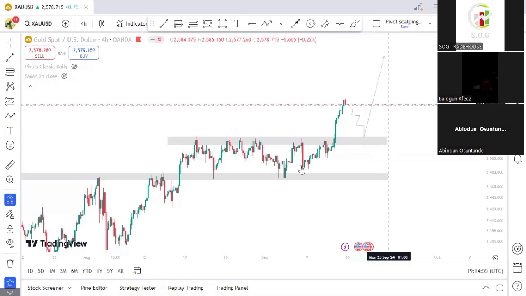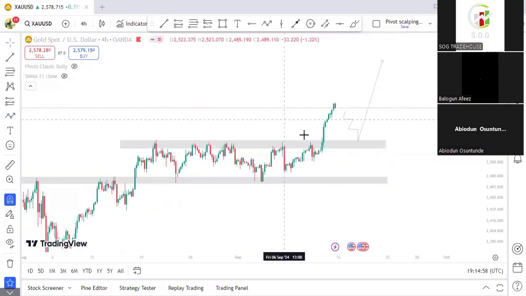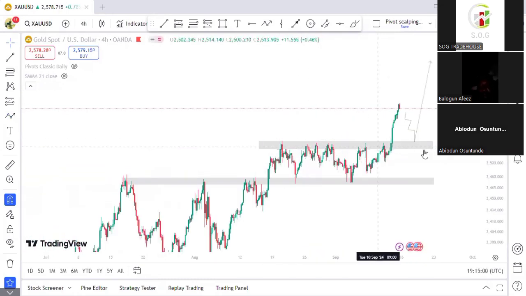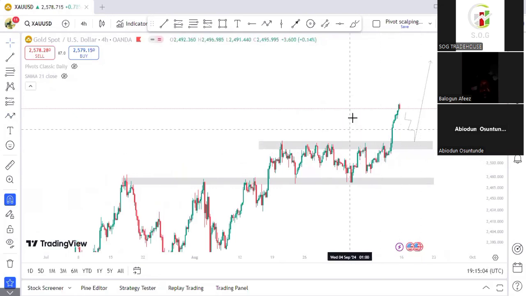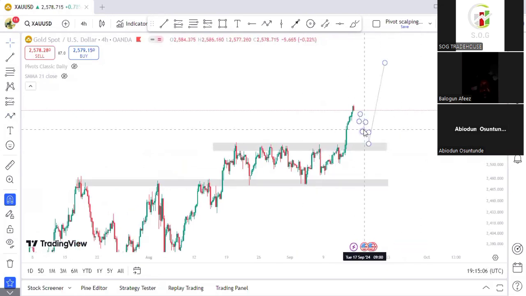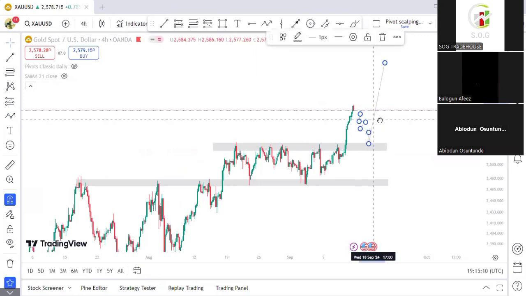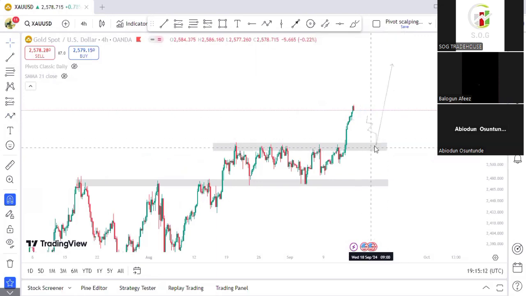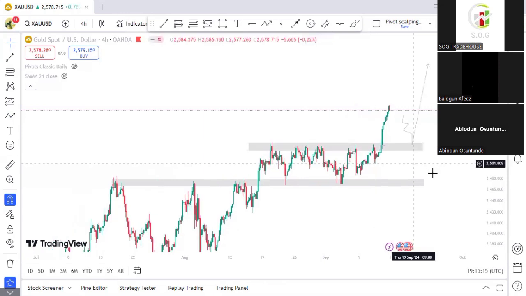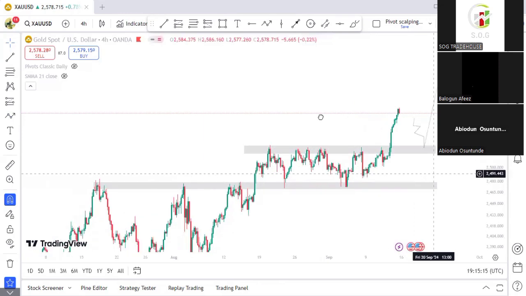So whenever you get a break and retest of a very strong resistance level that turns support, it is usually the beginning of a new swing. So if eventually we catch this move on gold, we should hold it as a swing trade. So this is what we were waiting for on gold.